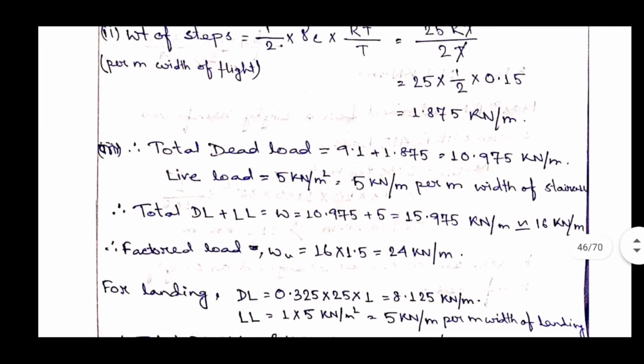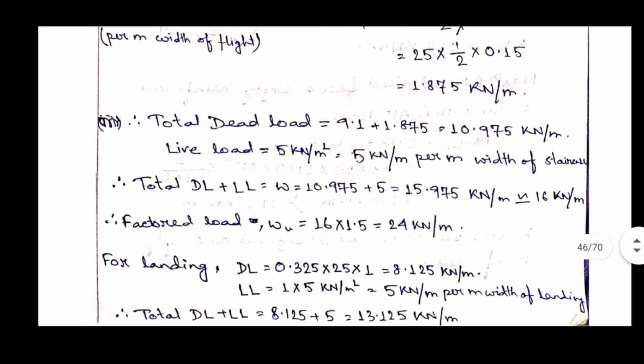Dead load for landing is 0.325, that is depth of waist slab, into 25, that is unit weight of RCC, into 1, that is width. As we know, for slab design we consider the width as 1 meter beam. Okay, that is equal to 8.125 kilonewton per meter, and live load is 1 into 5 kilonewton per meter square, that is equal to 5 kilonewton per meter width of landing.